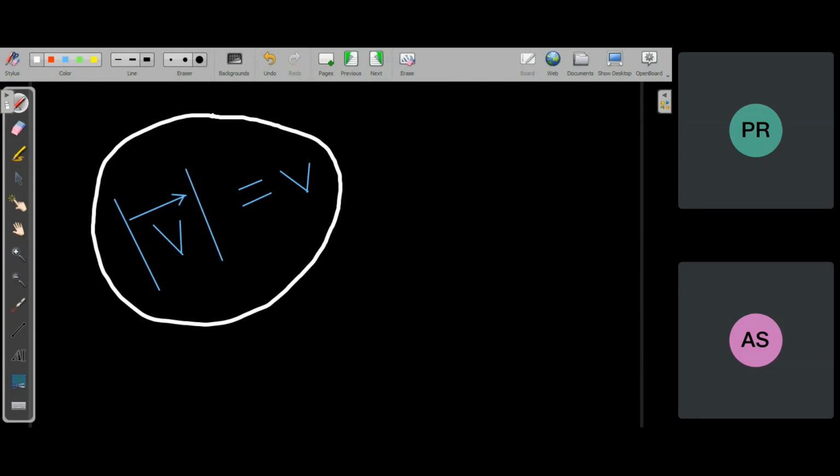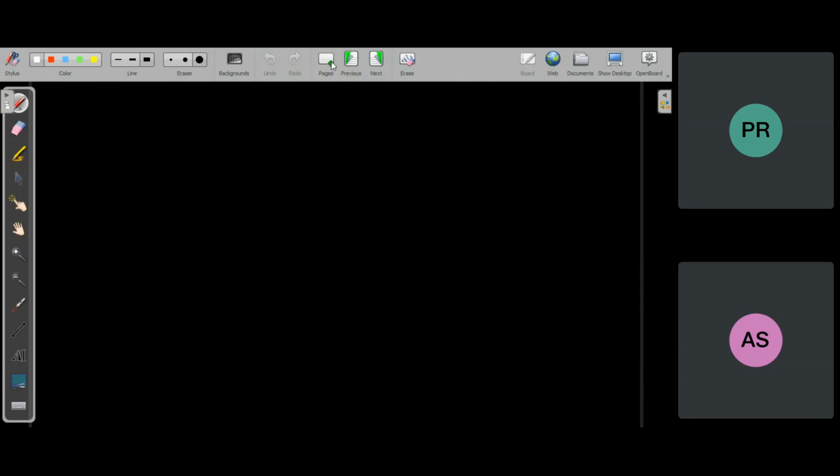Sir, you explained the concept of circular turning on banking of roads. I'm not getting why the friction is acting towards the center. Friction is not acting towards the center. Friction always acts tangential to the surface, right? Yes, sir.